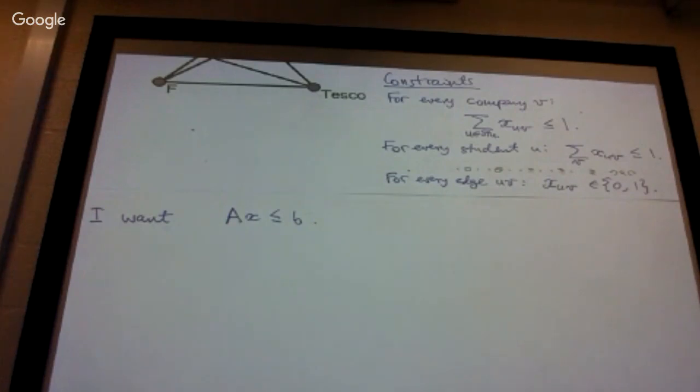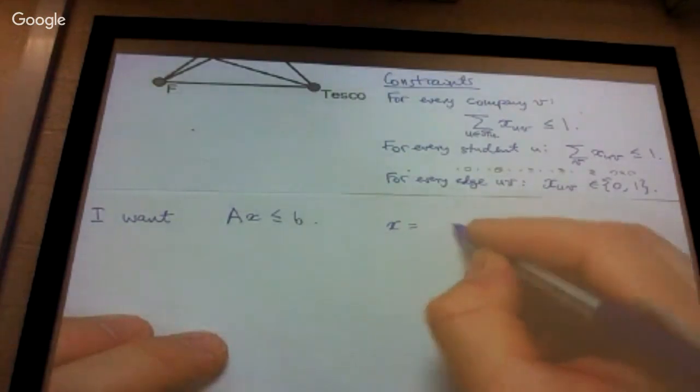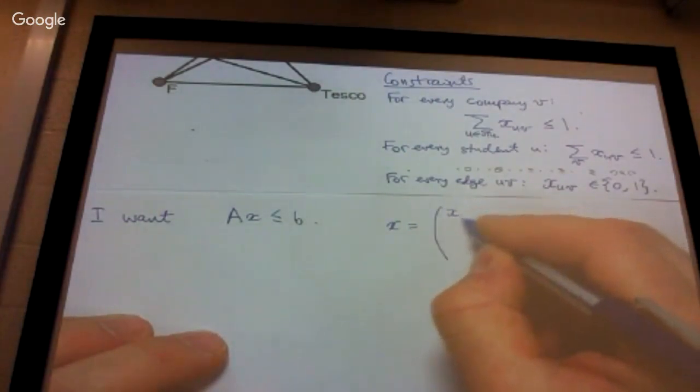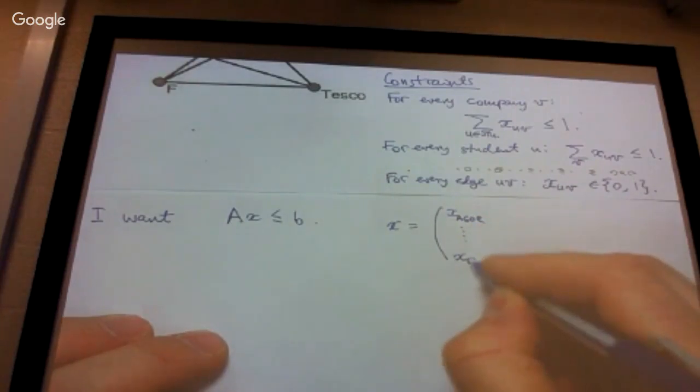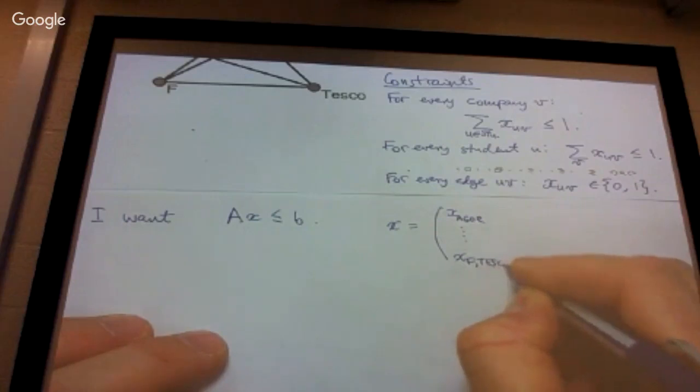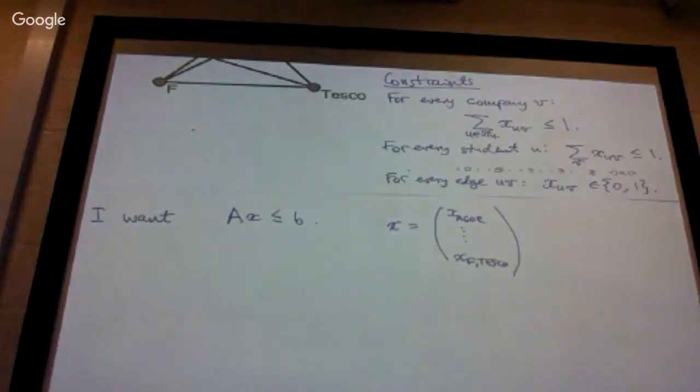So what would the matrix A be in this case? X is just the vector of all the decision variables, X_A,Go and so on, a column vector of plenty of decision variables. But what is the matrix A?